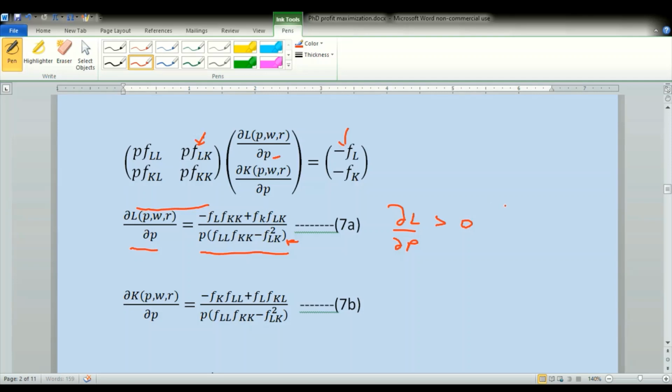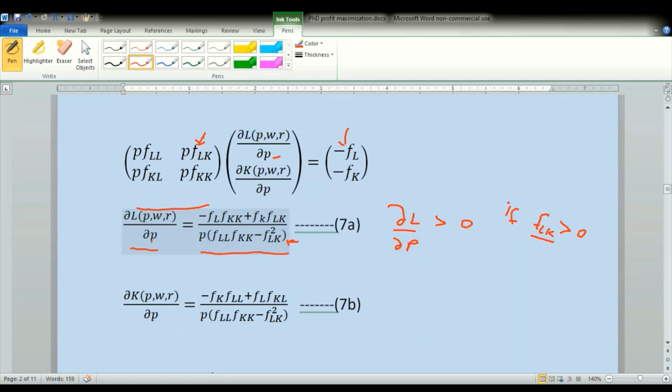But this will be happening only if we have FLK greater than 0. To the extent that we are willing to believe that this is true, we can say that as the price of the output increases, labor demand is going to increase.